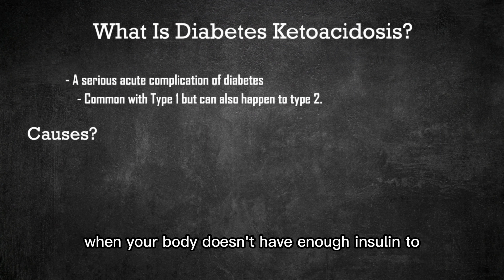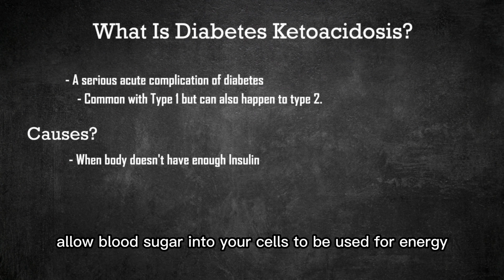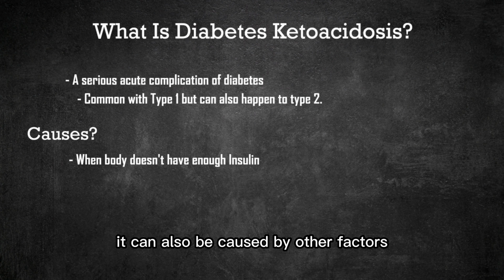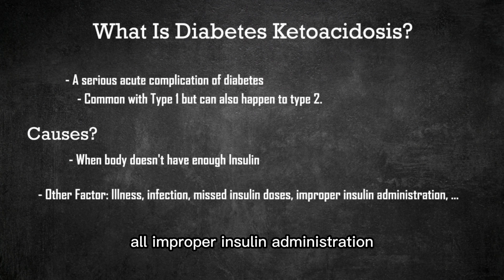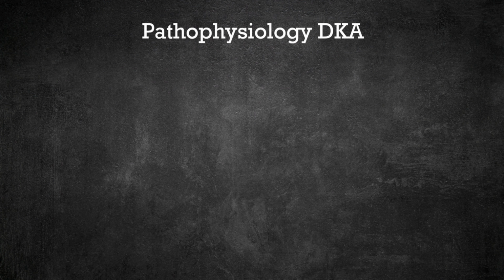DKA develops when your body doesn't have enough insulin to allow blood sugar into your cells to be used for energy. It can also be caused by other factors such as an illness, infection, missed insulin doses, or improper insulin administration.